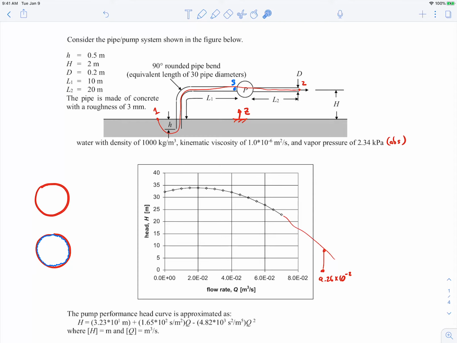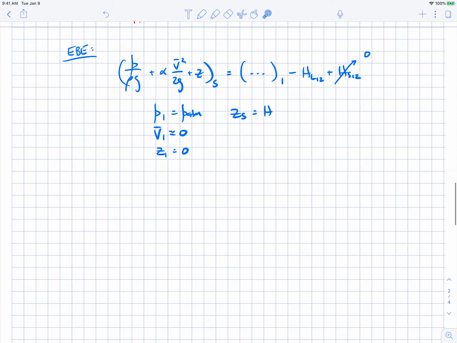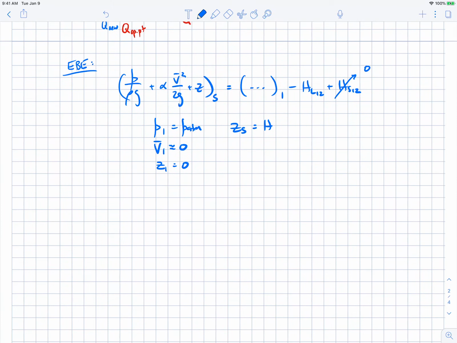Now the head loss term will include the reentrant inlet head loss, the minor loss due to the pipe bend, and just the major loss due to this L1 length. We don't worry about L2 because it's downstream. It's not between point 1 and S. So we'll just have that for our major loss. Let's write that down. Head loss between 1 and S. By the way, I made a mistake here.